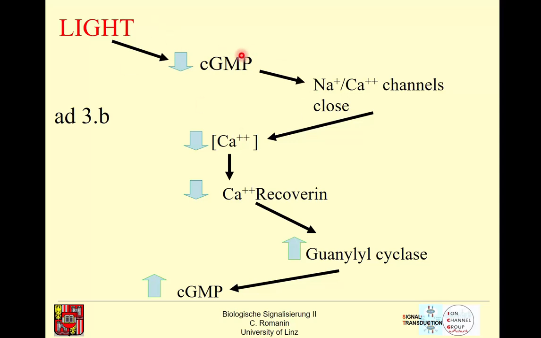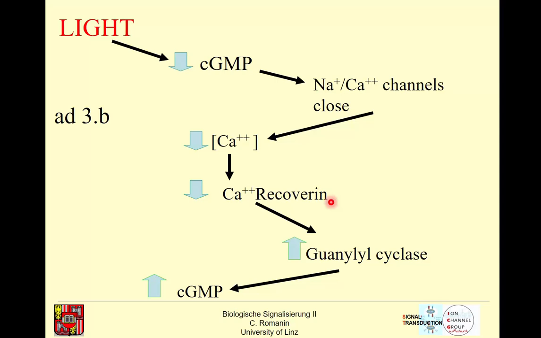So what's going on here? We have cyclic GMP, which is hydrolyzed. It leads to the closing of the sodium calcium channels. This in turn makes the calcium concentration get smaller and smaller due to the exchanger, and here recoverin, because it loses the calcium, gets activated.